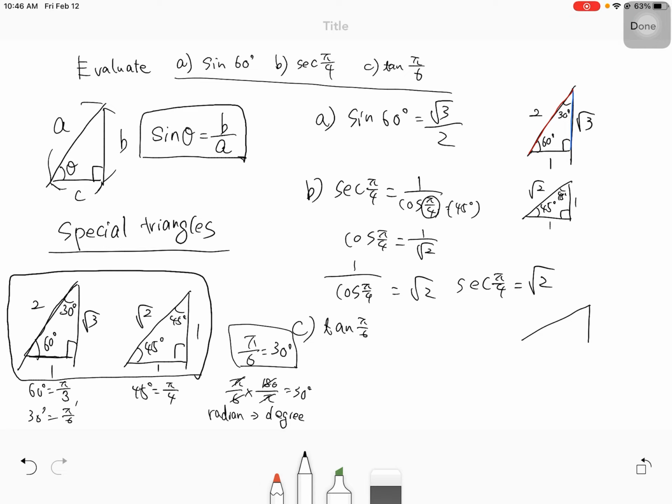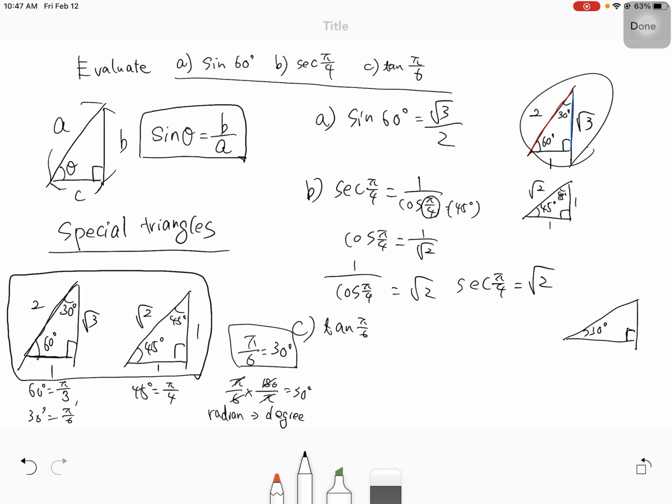Anyway, the triangle. Triangle is like that. And this one is 60 degrees. This might be a bit different from this one, but actually it's a similar triangle. That's because this one is 30 degrees. Oops.